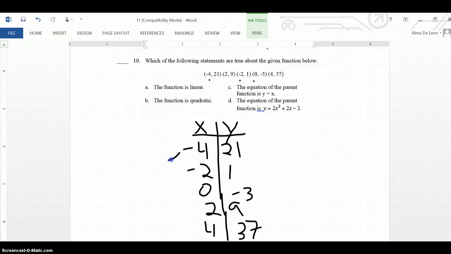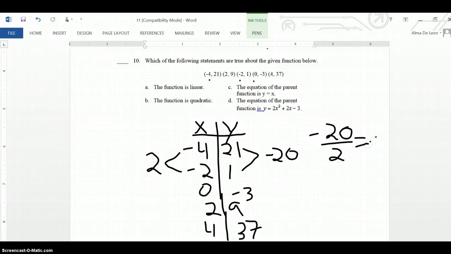Okay, so to go from -4 to -2, I have to add 2. To go from 21 to 1, I have to subtract 20. So my rate of change for the first 2 points is going to be the change in the y, which is -20, over the change in the x, which is 2, which gives me -10.